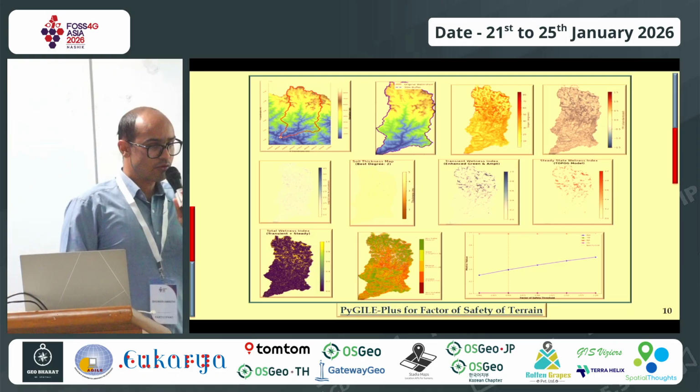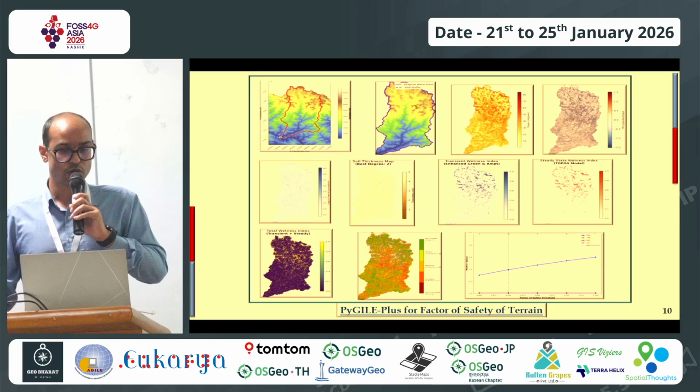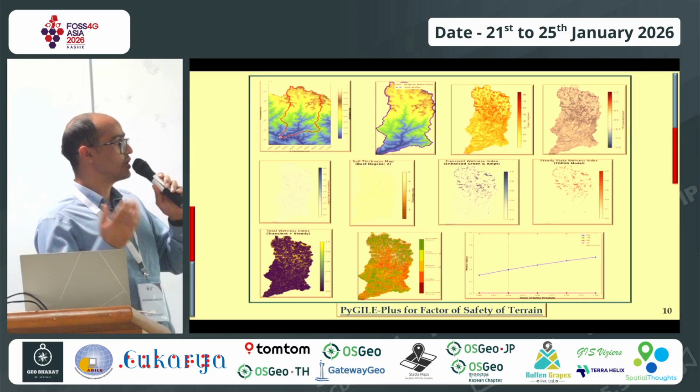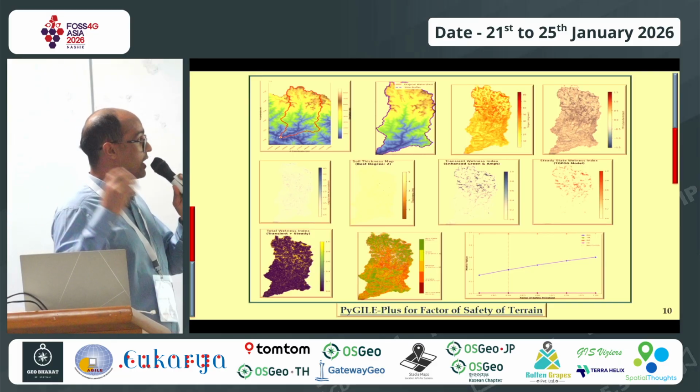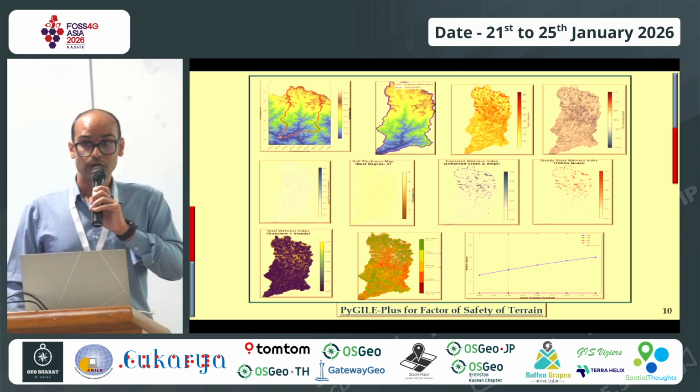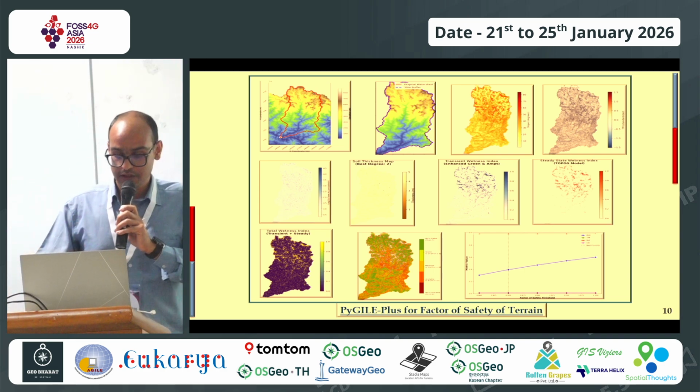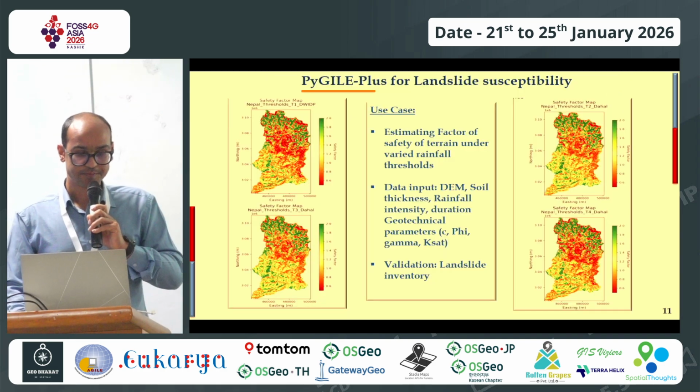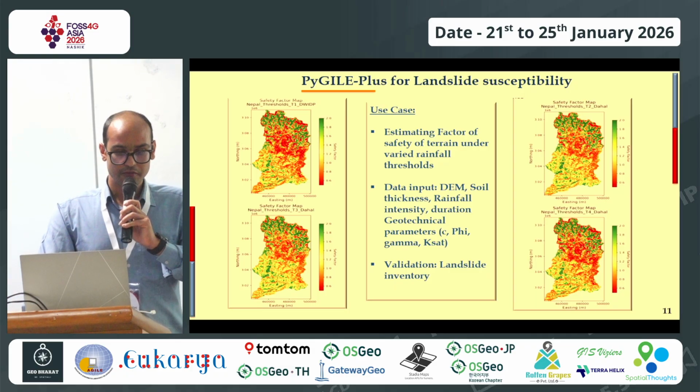For simple morphometric analysis like slope and aspect, I might use GDAL or even GRASS, and for advanced analysis, definitely I would use GRASS. So all of those in a singularized environment is useful. This is just for different rainfall thresholds in a region.